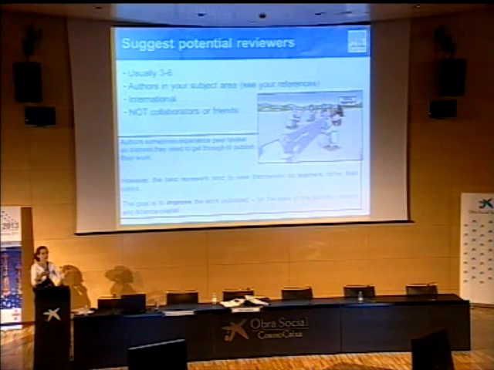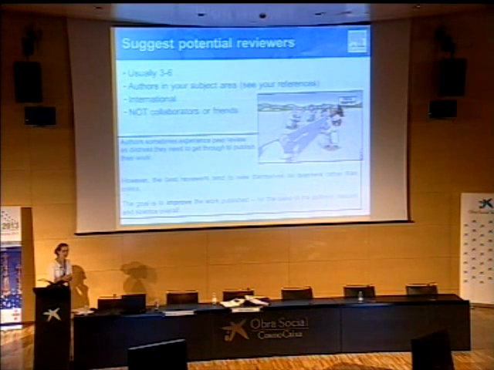If you are working in an area that is multidisciplinary, you would probably pick people from the different fields to really cover the different aspects. And this is really for your own advantage, because somebody who is absolutely not an expert reviewing this paper will come up with criticism that might not be relevant in the end.